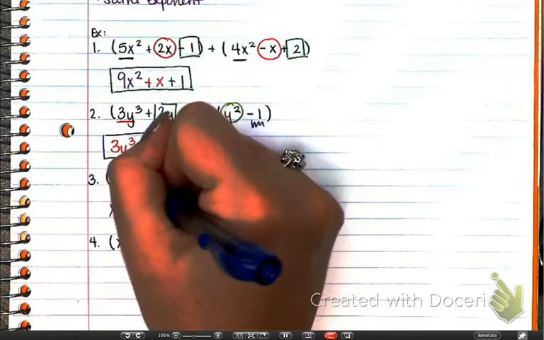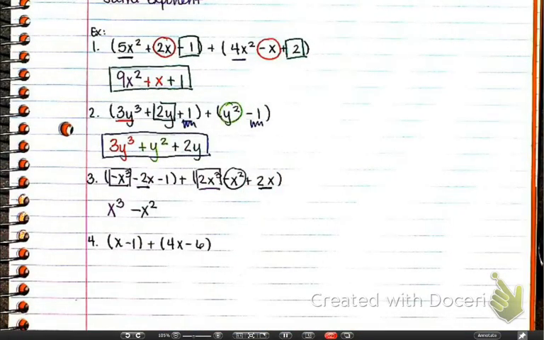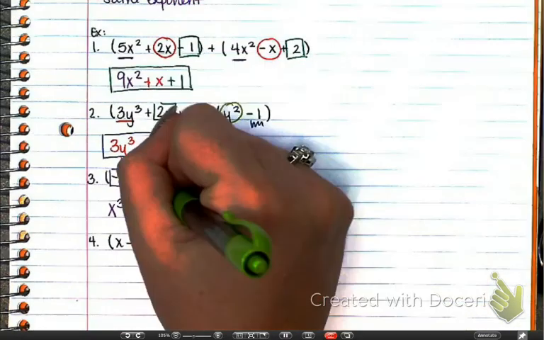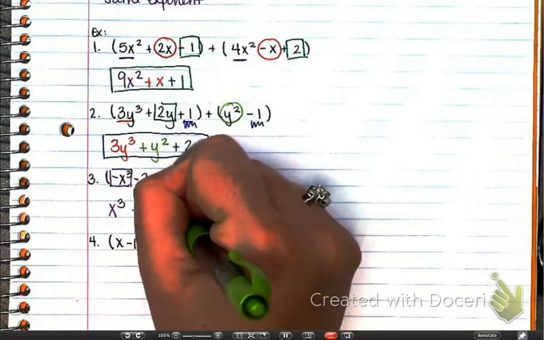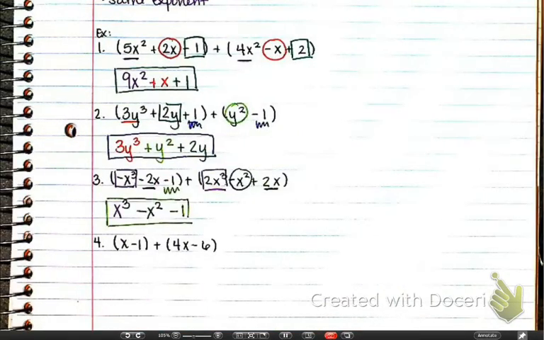Then I have a negative 2x and a positive 2x, which cancel. You do not need to write 0x, because what's 0 times x? 0, so it goes away. And the last thing I have is this negative 1. So your answer should be x to the third minus x squared minus 1.